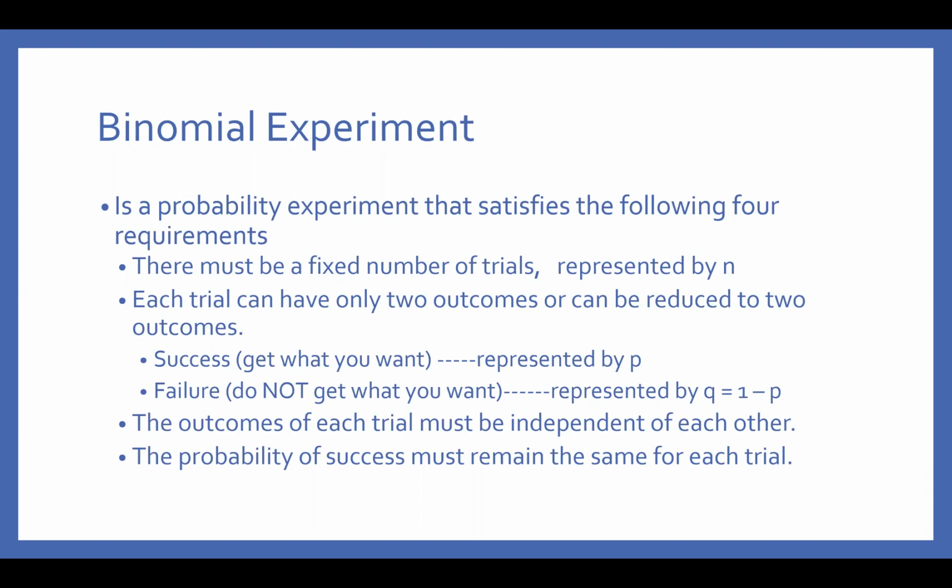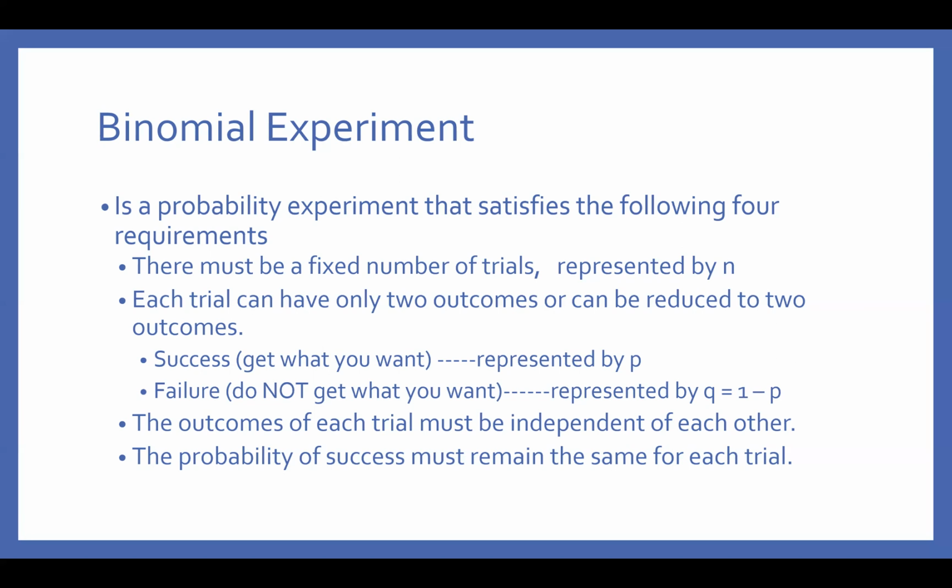And those 2 probabilities together, the probability of success plus the probability of failure, has to total to 1. Okay, that's why the formula is q = 1 - p, because oftentimes they'll tell you the probability of success, but you're not told the probability of failure, but you can figure it out because the 2 together have to total to 1.